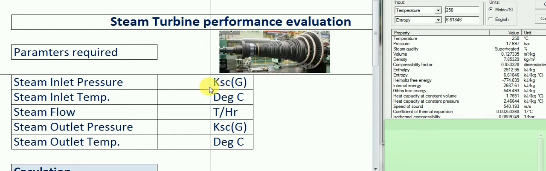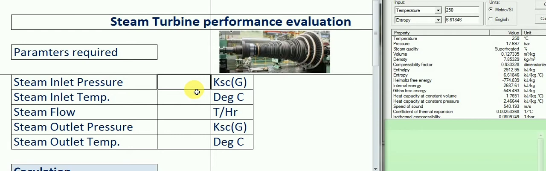So what are the parameters required for this efficiency calculation? First is the steam inlet pressure. Whatever the unit may be, you can take it, and then we can convert it for finding enthalpy.